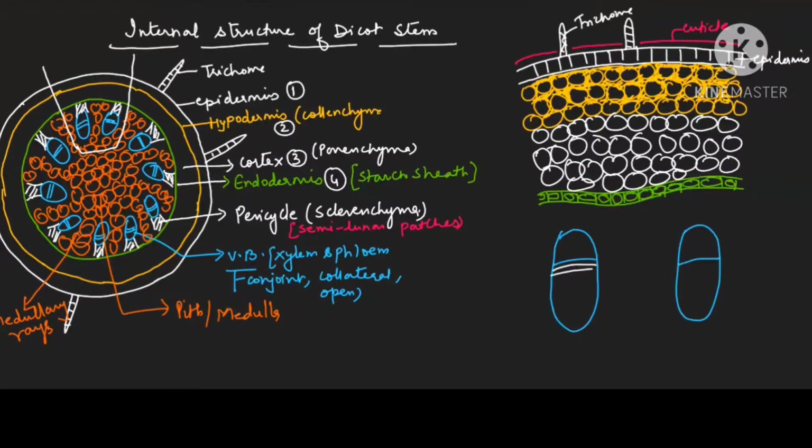Then we have to draw cambium because vascular bundles are conjoint, collateral and open. This part has to be filled with the phloem area. So this is the phloem area. Phloem is present only on one side. And then xylem, we have to focus that xylem is endarch, with centrifugal growth.